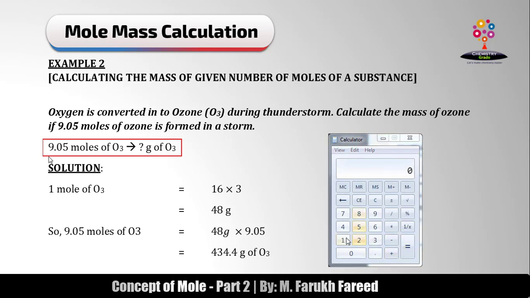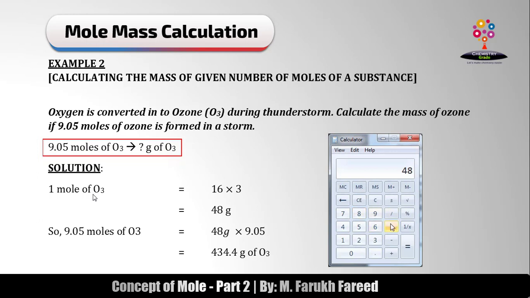So the key point here is that you have to find how many grams of ozone are in 9.05 moles of ozone. Let's go to the solution.